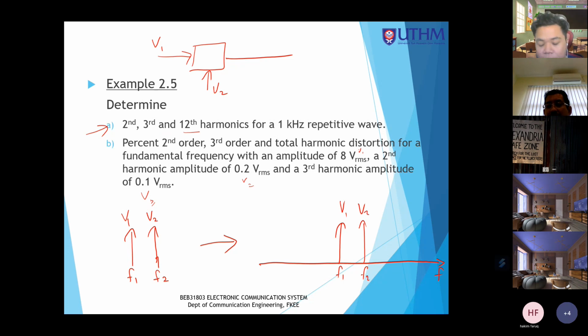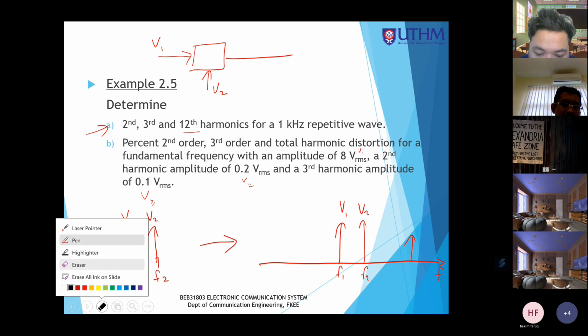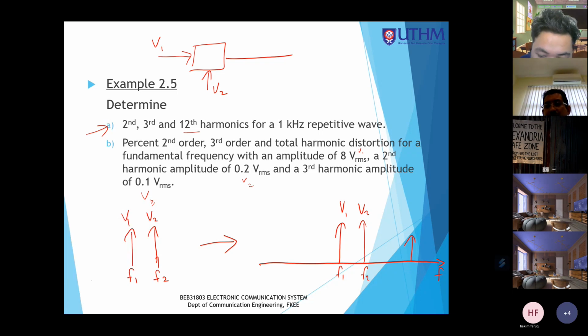So we're going to have one cross product. The upper one, the V sum, is located at the high frequency. So this cross product produces V sum and V difference.